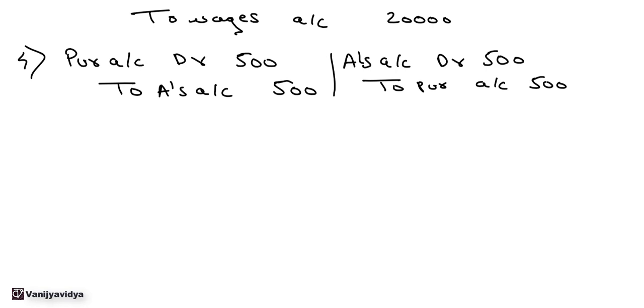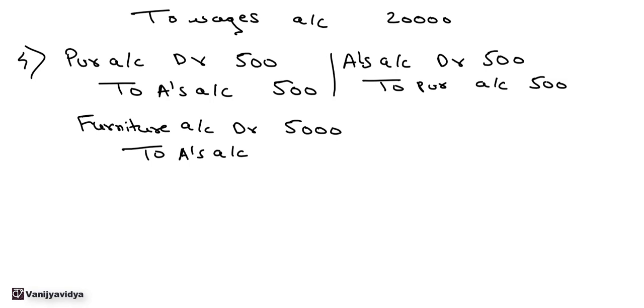It was a furniture purchase. So entry should have been your asset account debit, that is furniture account debit 5000 to A's account 5000. So for rectification entry, we will give a net impact of these two entries.